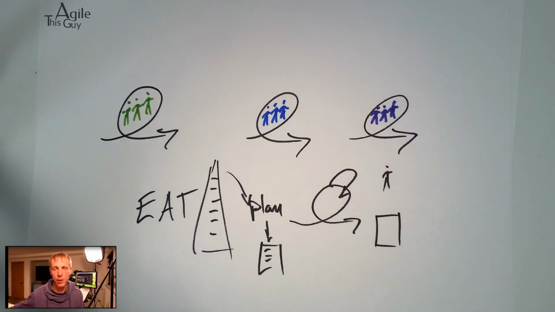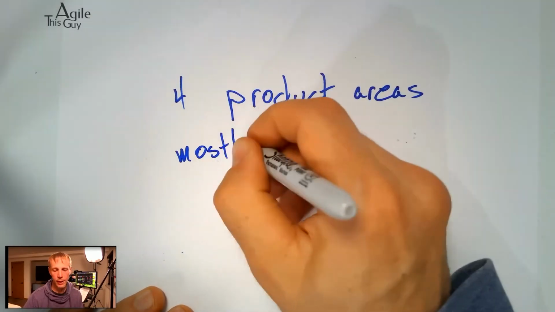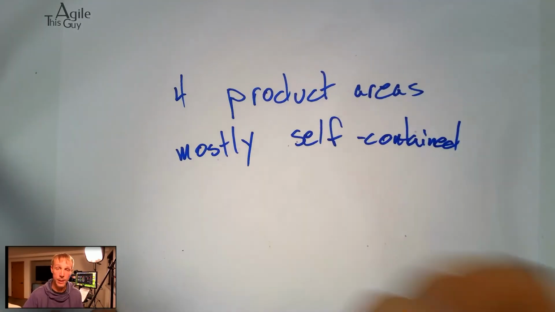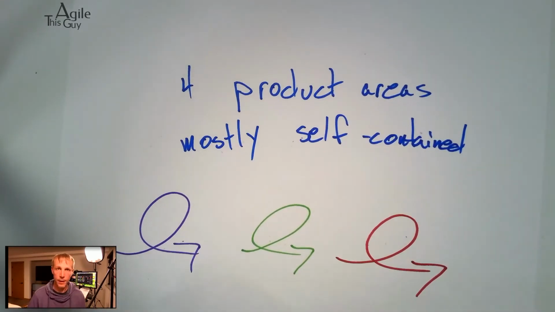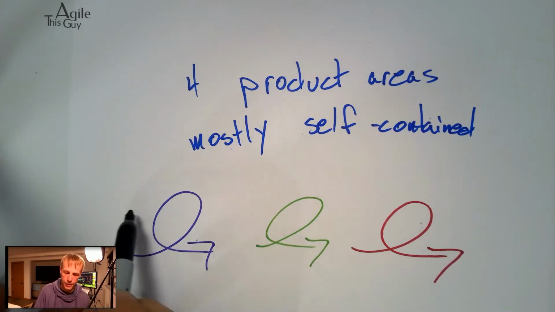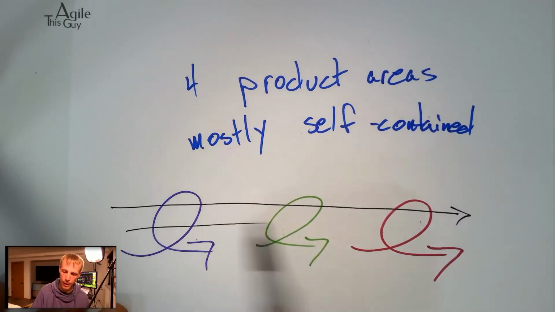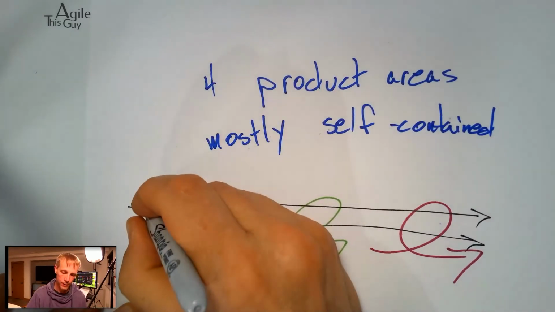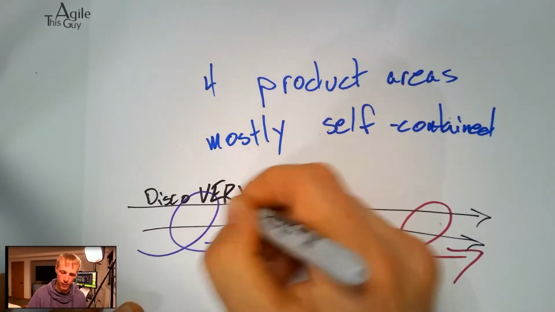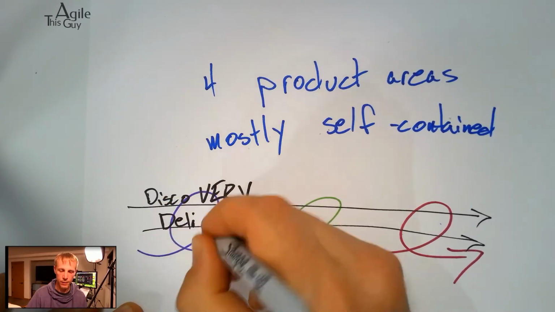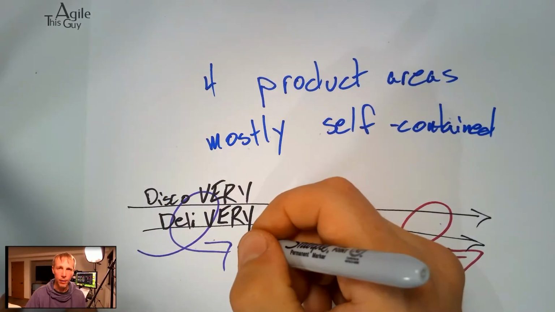One organization I worked with, they'd figured out the seams in their product. There were 4 product areas, mostly self-contained. There were teams for each area, and on these teams were the parallel tracks of discovery and delivery happening all the time.